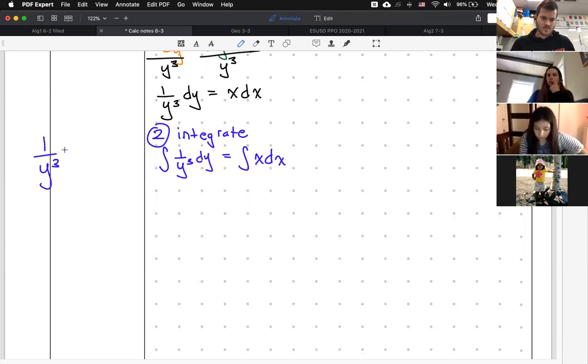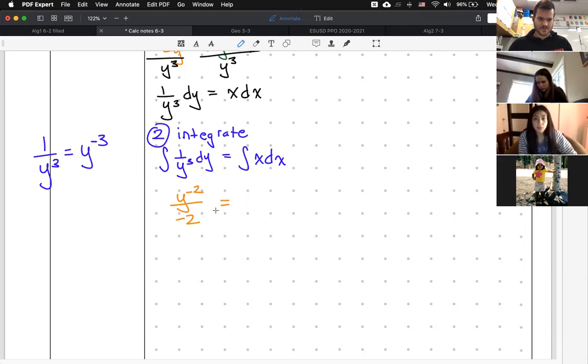We could do the y to the -3. Exactly. And then it would be y to the -2 over -2. Good. There's the left-hand side.